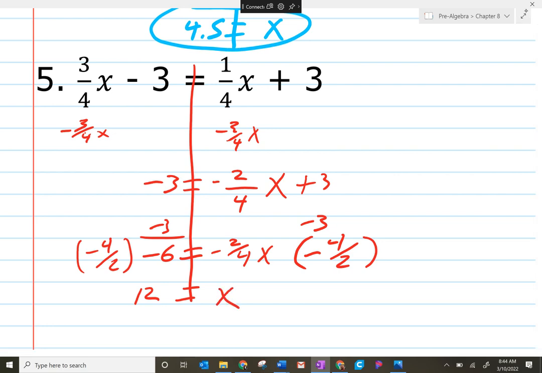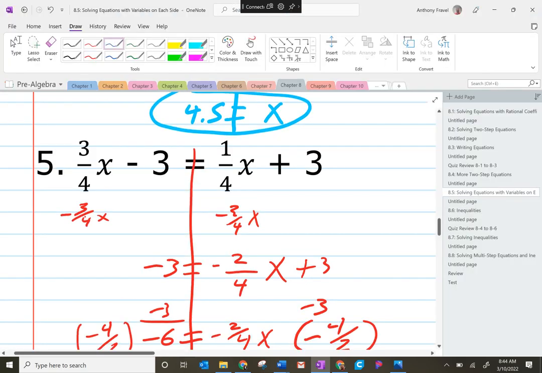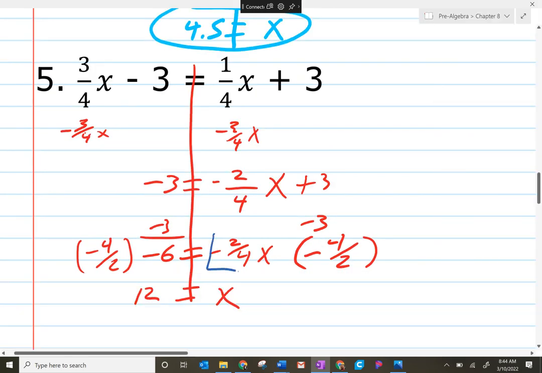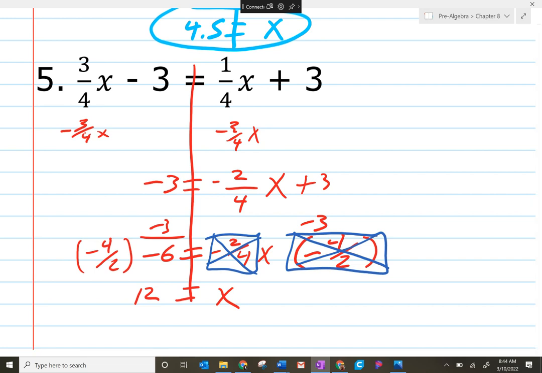Because when I did these reciprocals, they cancel each other out. That's why this step looked really messy, because we had this number and we had the reciprocal. These reciprocals are going to cancel each other out. And that's how I got 12 equals x.